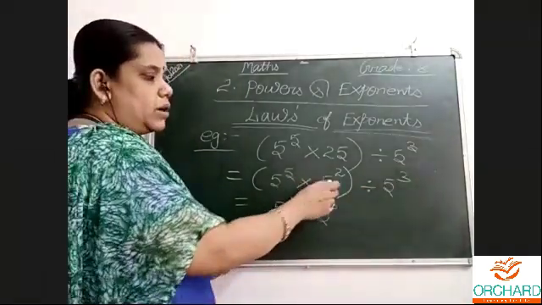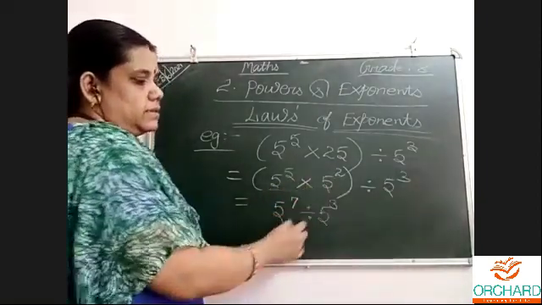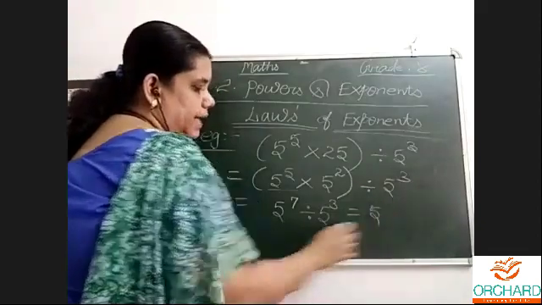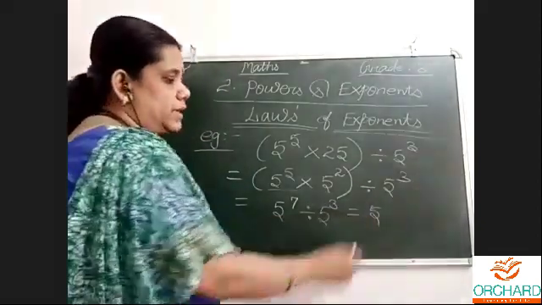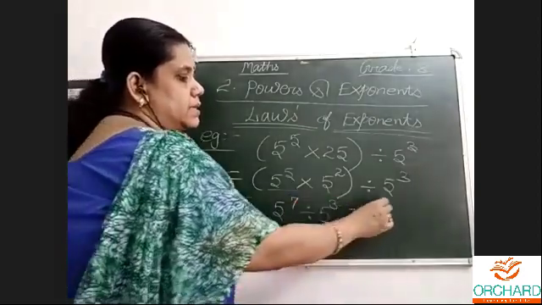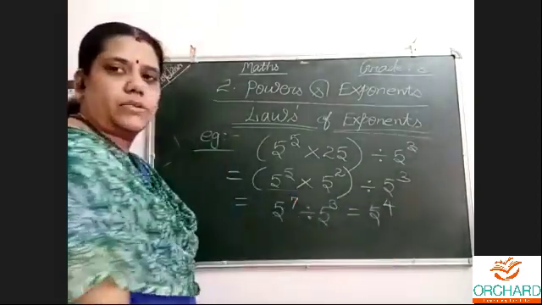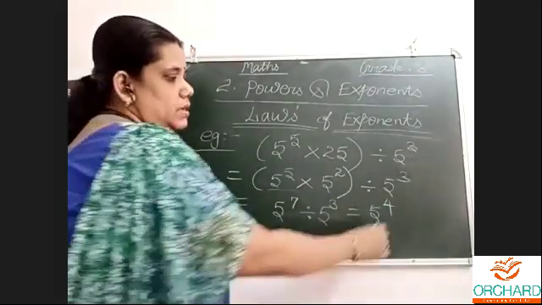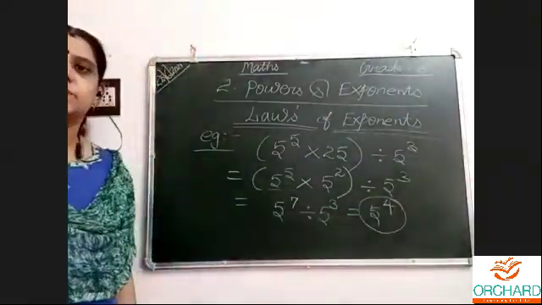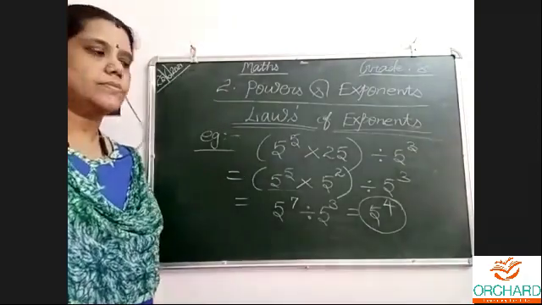Here I applied the multiplication law. Now I am going to apply this one. If I write here, you will say the board is not visible, so I am writing here. 5 and 5, 5, division symbol, 7 minus 3, 4. Directly you can write. So 5 power 4 is the answer in exponential form.